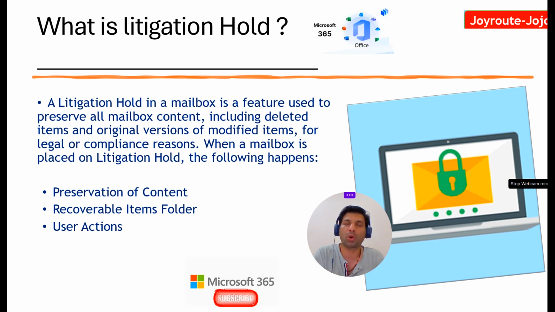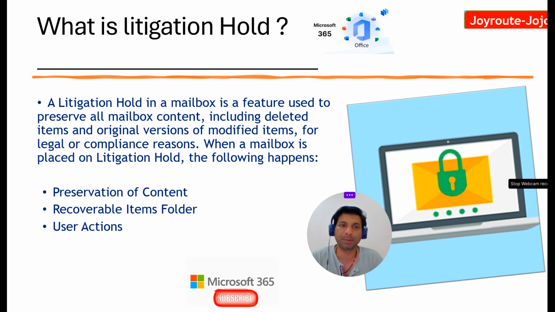If litigation hold is enabled for 7 years, 8 years or 10 years, the deleted mail will be available in the recoverable items folder for that many years. If litigation hold is enabled for indefinite, then it will be available unless this litigation hold is disabled.